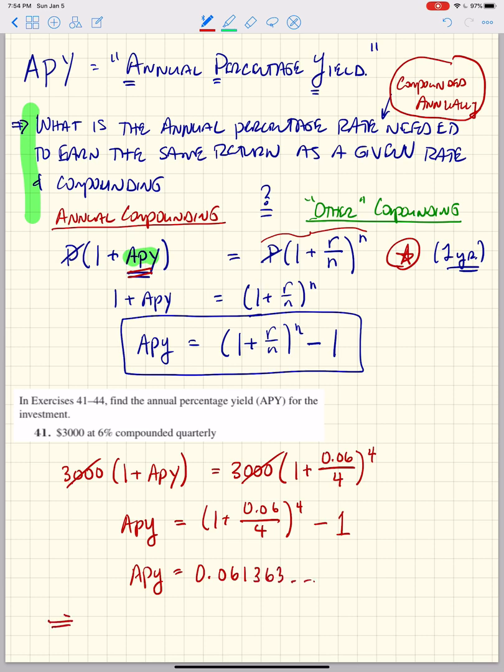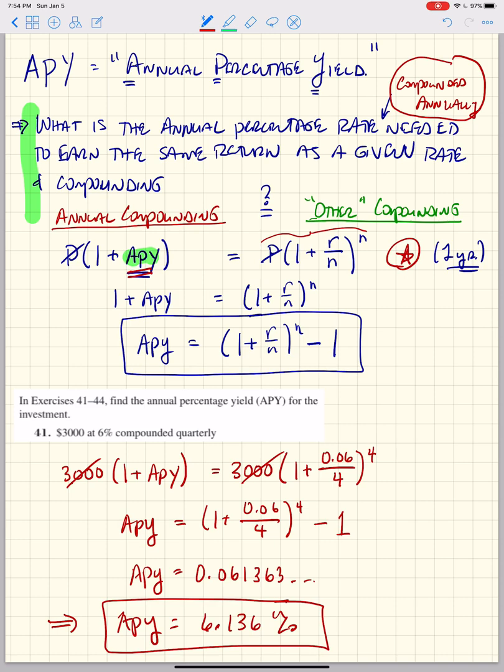And so I can say that the APY for this investment, that is $3,000 compounded quarterly at 6%, would actually be 6.136%.